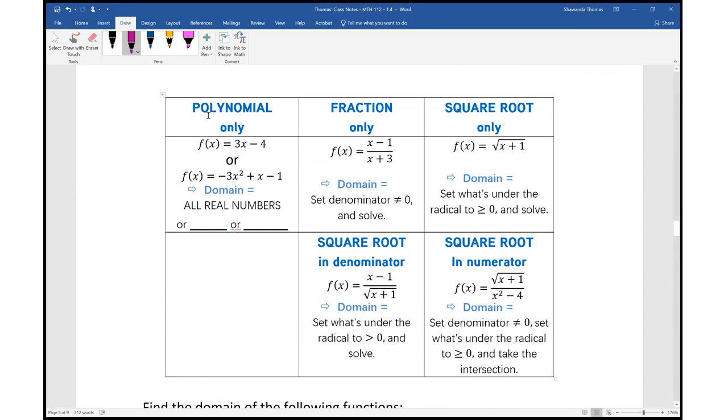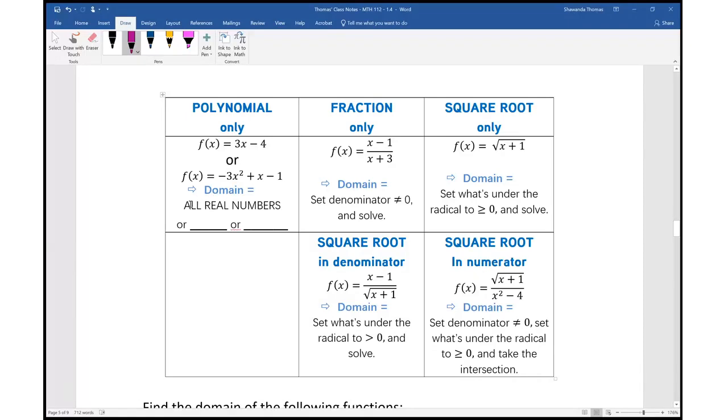The first scenario is if you have a polynomial only. So we have a polynomial f of x equals 3x minus 4, or f of x equals negative 3x squared plus x minus 1. In this situation, you can plug in any x value and there will not be an issue. No issues if it's just a polynomial.